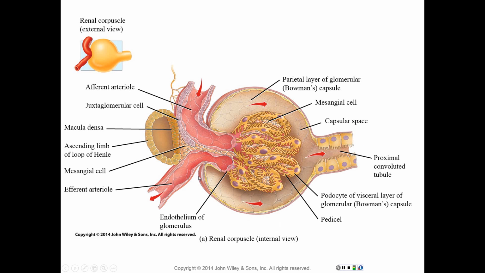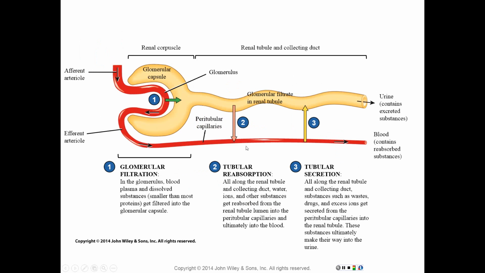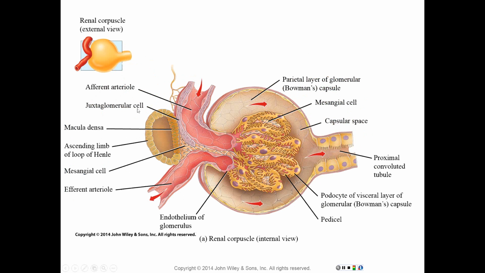If there's too much filtrate moving too fast, the reabsorption that needs to take place will slow down. Less will be reabsorbed, which means more electrolytes, possibly some proteins, and even some glucose will find their way out into the ascending limb, heading to the distal convoluted tubule and out to become urine. We'll lose some of the ions and molecules that we need.